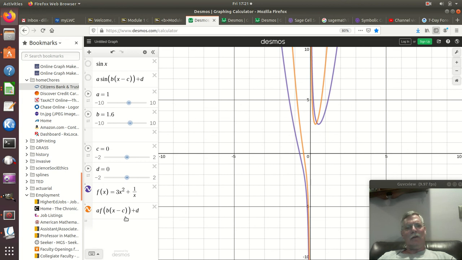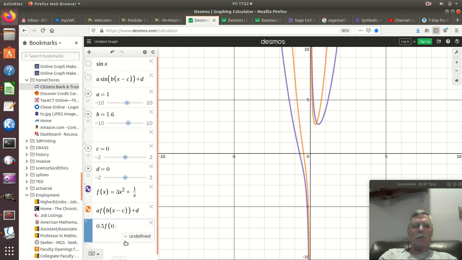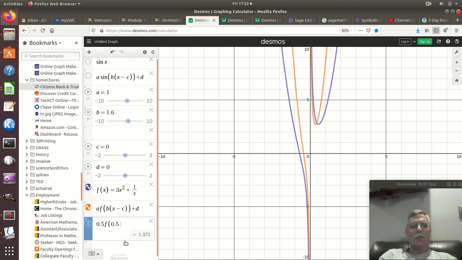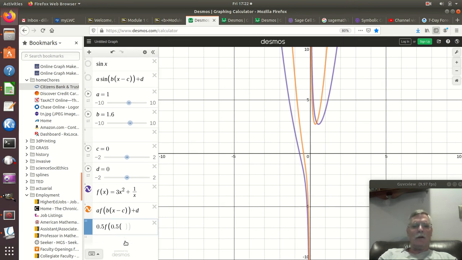And again, we can just work with this notation: I've got a set of points here. What do I want to do with it? I would like to make it half as tall, so I'm going to do 0.5 times f. I would like to make it twice as wide, so instead of a 2, I need a 0.5 or 1 over 2 times x minus c.